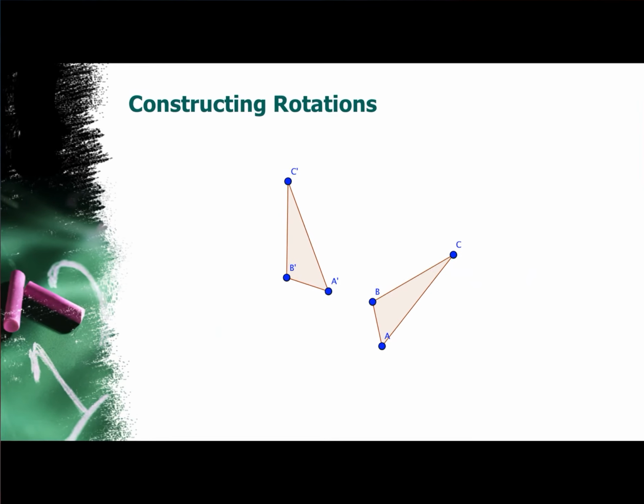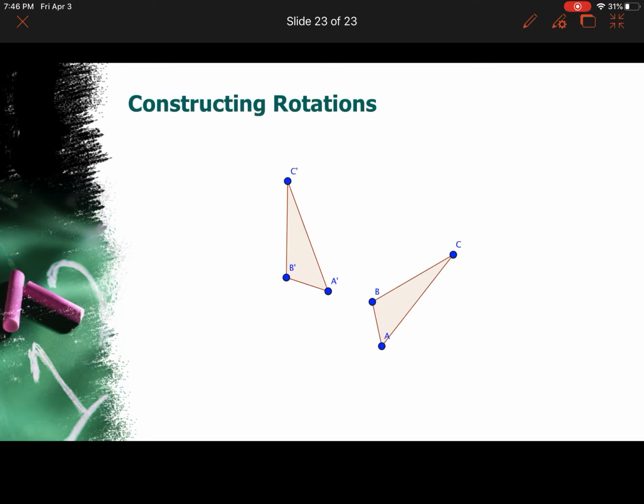So let me just go back to this and show you what you would do with the construction. I didn't make it on the RoboCompass because I just didn't have time. It takes a long time to create those things. So let me just show you how it works.